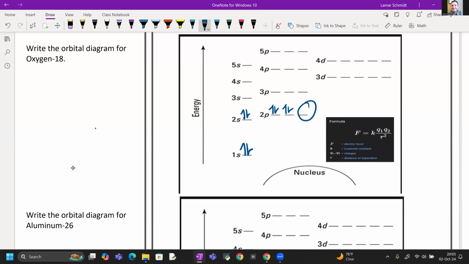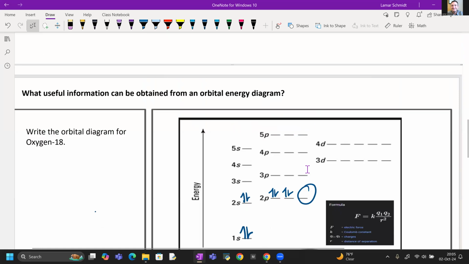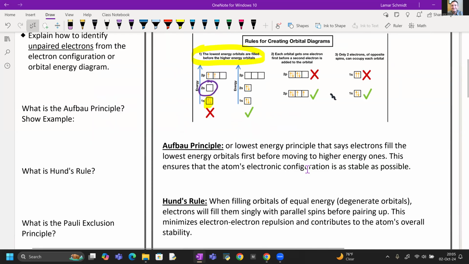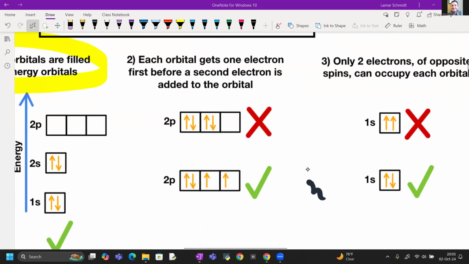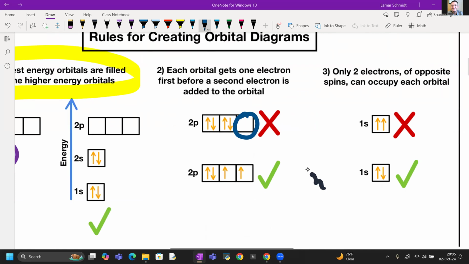And this is what the anti-example is showing. The anti-example shows the electrons filled pairing up, but notice this one did not have one that filled singly first before those paired. That would cause it to violate Hund's rule.